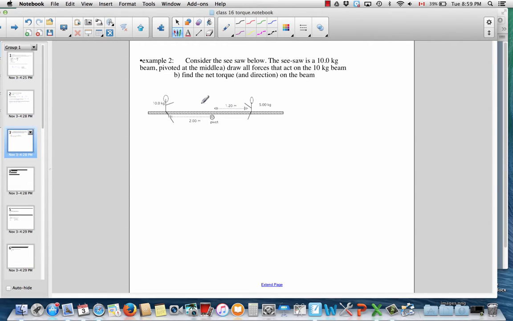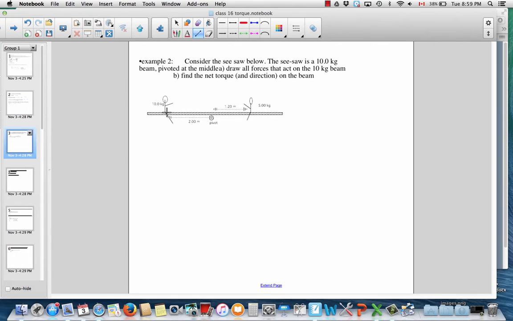Let's consider a first example. So here's a seesaw, and we've got a couple of children on there. Let's start with a force diagram for the seesaw. So there's going to be a weight on this side. That's a 10 kg child, so there's a 10g weight. This is a 5 kilogram child, so there's a 5g weight. And then there'll be a support here, a force pushing up at this pivot point.